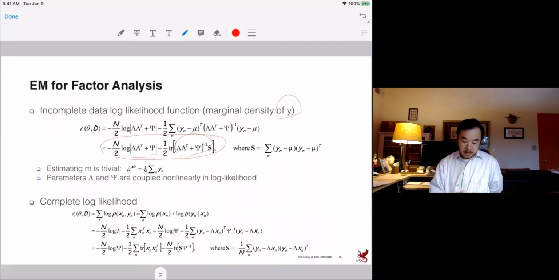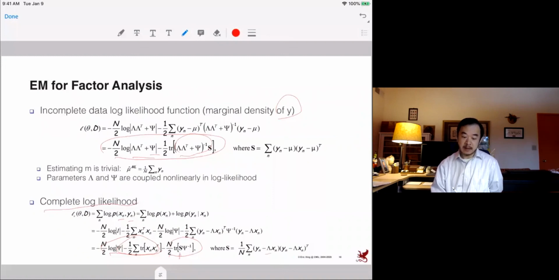Now, in the complete likelihood, where both y and x are given, you have a nice separation where things get better decoupled. For example, in this term, you only see y. In here, there is a nice linear relationship between the S, which contains lambda, and the phi.